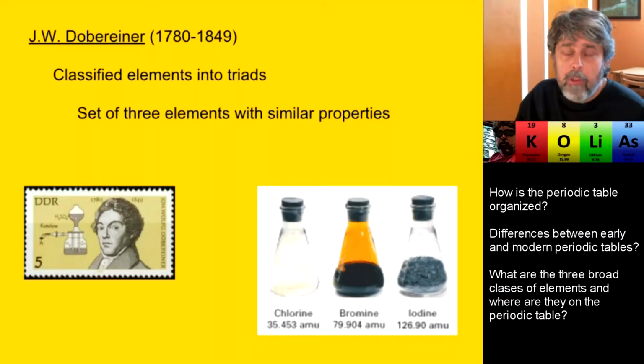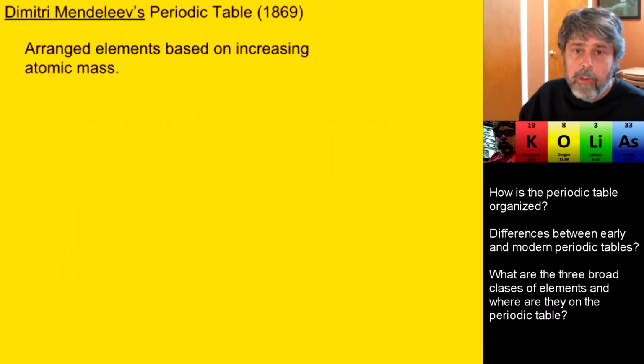J.W. Dobereiner in the early 1800s was the first person on record that tried to organize the elements. He did it by organizing them based on their similar properties. It wasn't until 1869 that the Russian chemist Dmitry Mendeleev arranged the elements according to atomic mass.